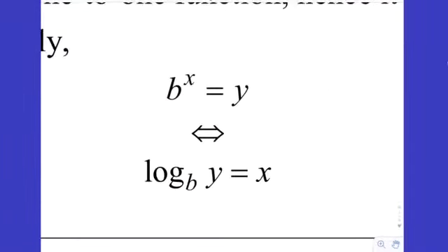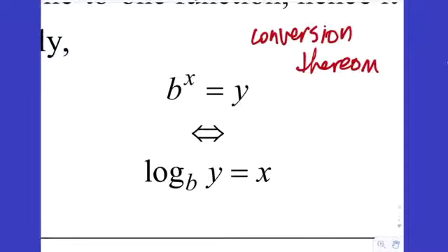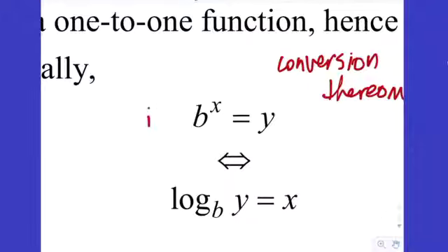And this is what I call the conversion formula. It's an if and only if theorem. It's one of the ways you can go back and forth between exponential representations of data and equivalent log representations of the same data. So we can read this starting with an if and a then. That's what a postulate is.